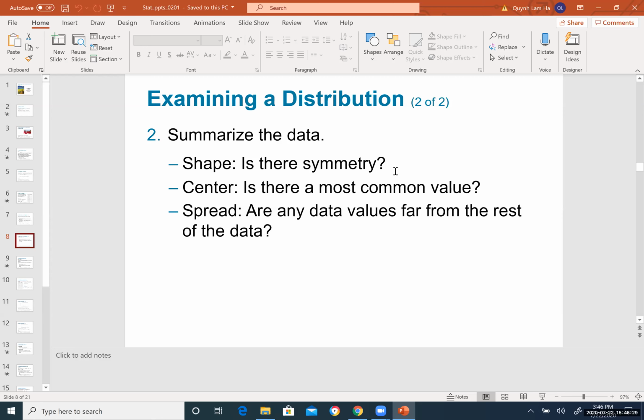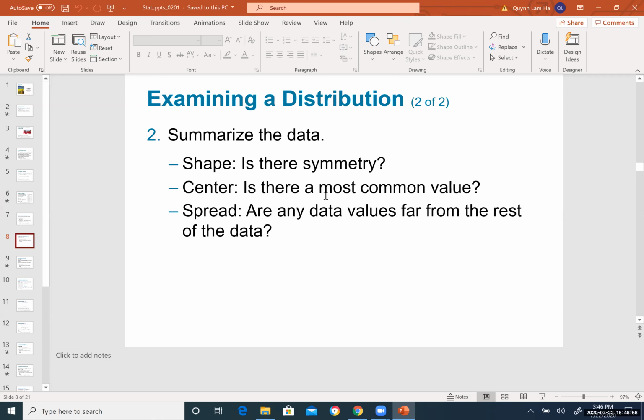For the center, the question to answer is: is there a most common value? It means which data has the highest frequency, or the most common values close to one another.